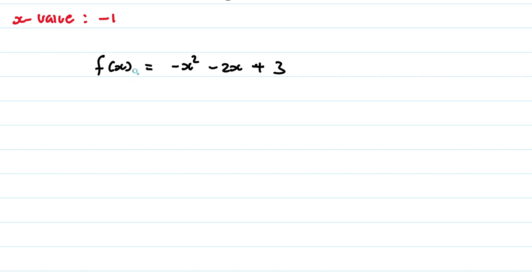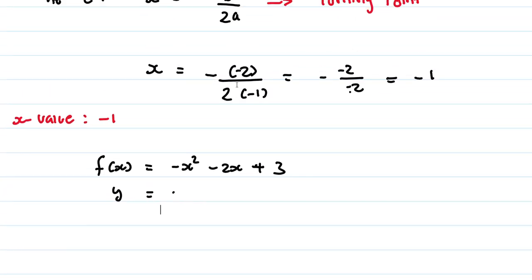Remember, f of x basically stands for y. So that is the y value. And we can substitute the x value that we got from the previous equation into this equation to find the y value.